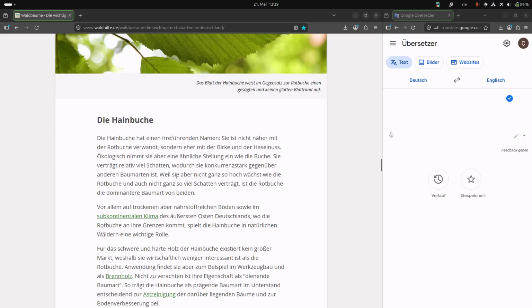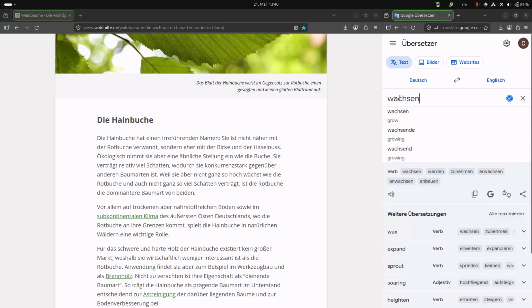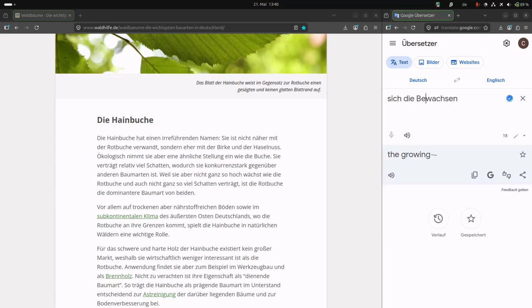Because she or it, aber, but, in this case, though, maybe, nicht, not, ganz, completely, or entirely, or whole, you could also say, so, hoch, high, wächst, in this case, it means grow, can also mean to wax something, like wachsen, for example, sich die Beine.